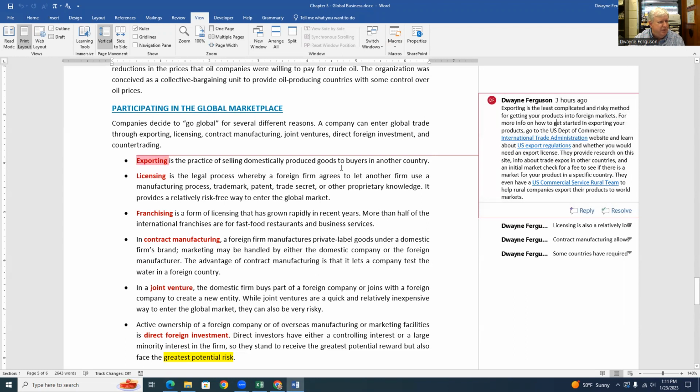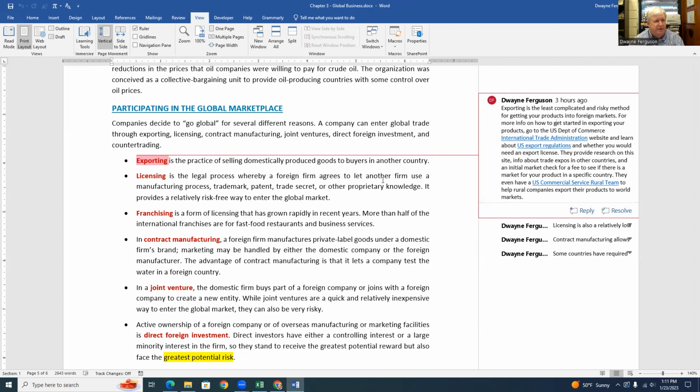This exporting is probably the least complicated and risky method for getting your product into another country. So a company in the other country wants to buy your product, if you're allowed to sell it to them across country lines without a tariff or quota or something going on.